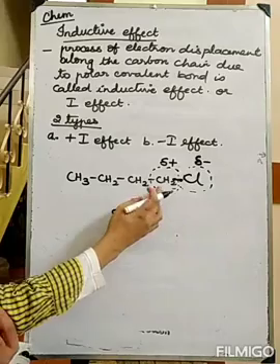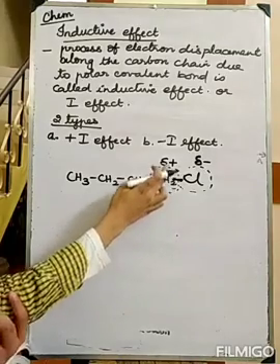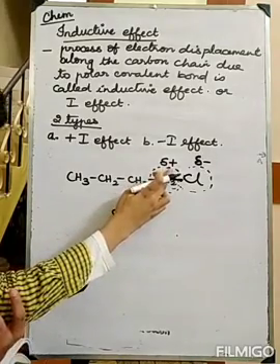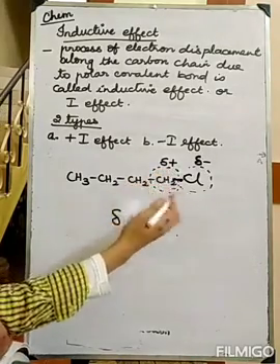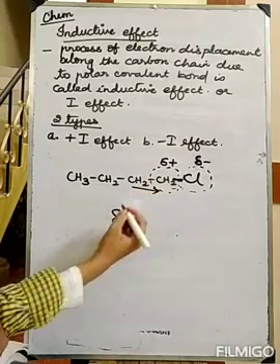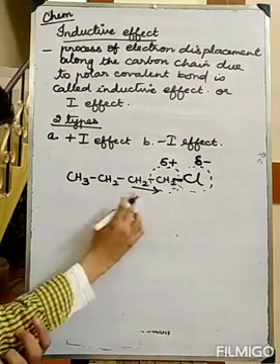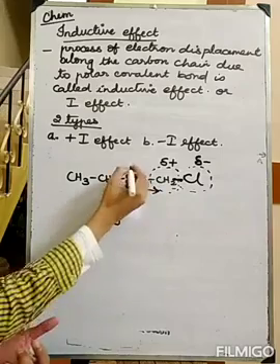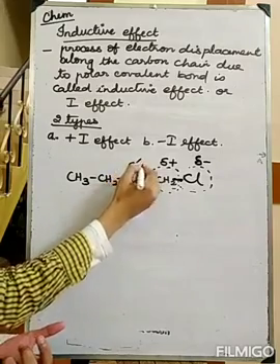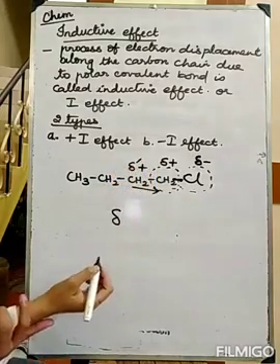Since it has got the positive charge, it will try to attract the electron from this carbon. Since it is trying to attract electrons from this carbon, this carbon also will get a positive charge.